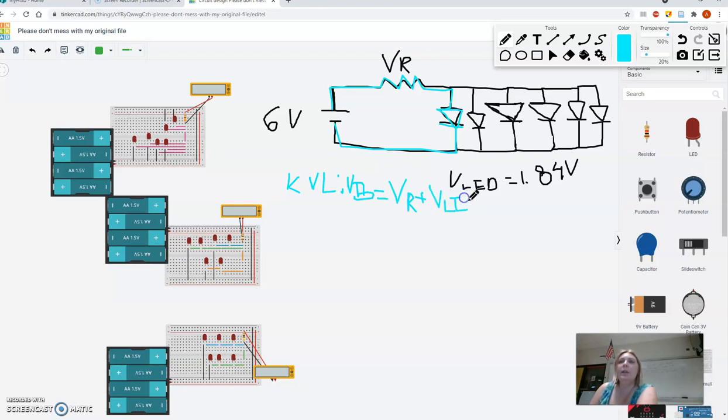So when you look at this equation, we have 2 items out of 3. We know that the voltage of the battery is 6, and we know that the voltage of the LED is 1.84. So the voltage drop of the resistor is going to be 4.16 volts. So this brings me to the power that this resistor is going to dissipate.